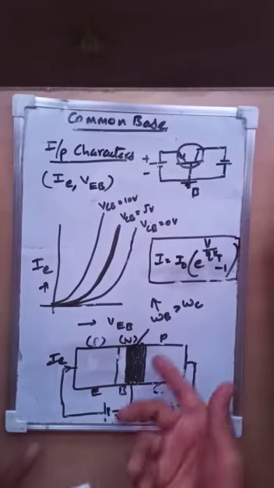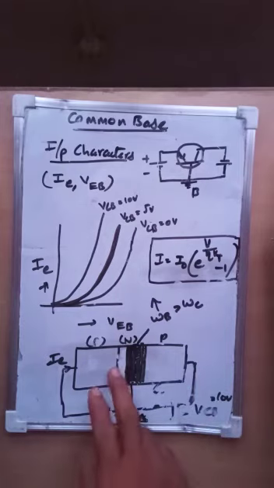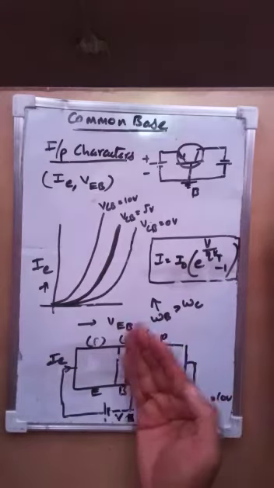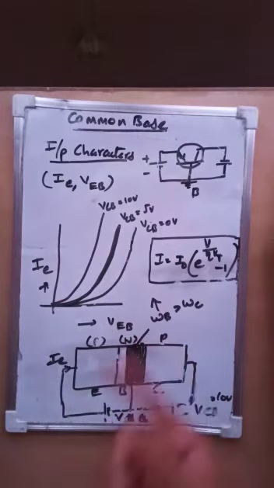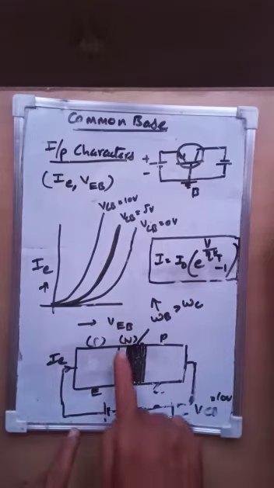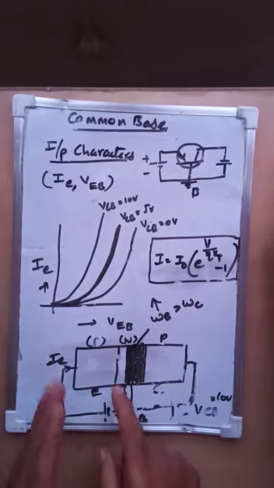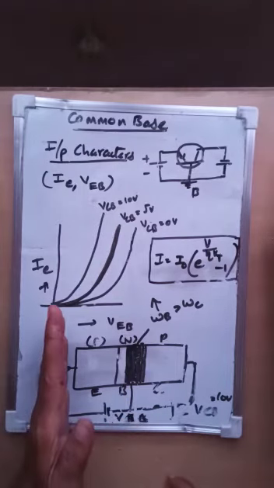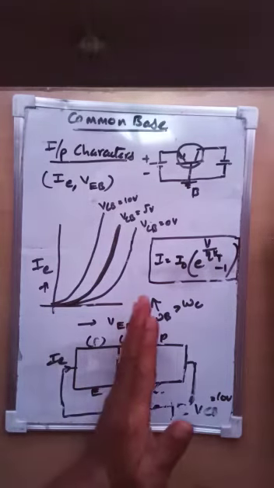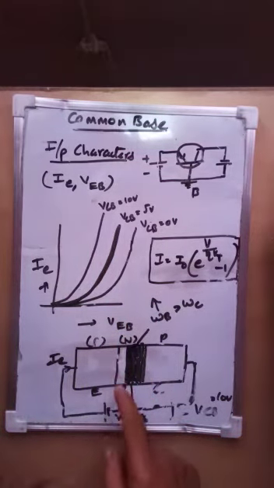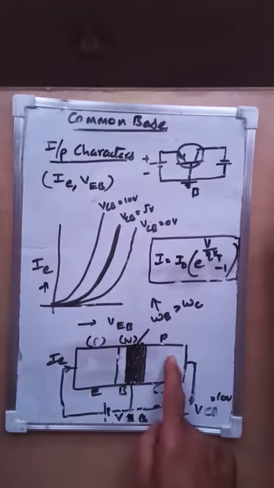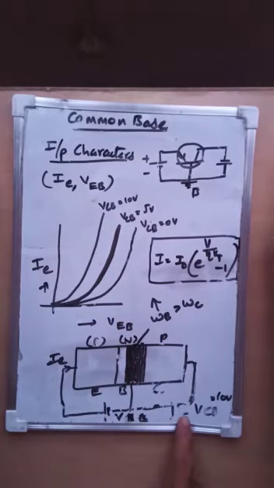In the past case when VCB is equal to 5 volts, we assumed 3 electrons available. But now, since the depletion width is more, more neutralization has taken place. Instead of 3, we have only 1 electron available in the effective electrical width. As the VEB forward voltage is given, 20 holes are entering into this. Among 20, 1 is neutralized, and 19 remain as free holes in the base, which are collected into the collector because of this reverse voltage.